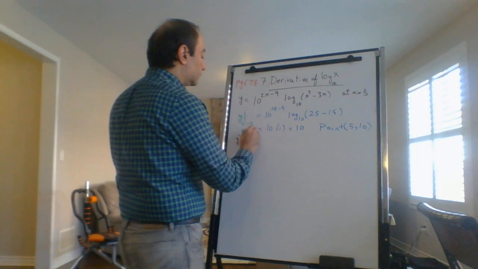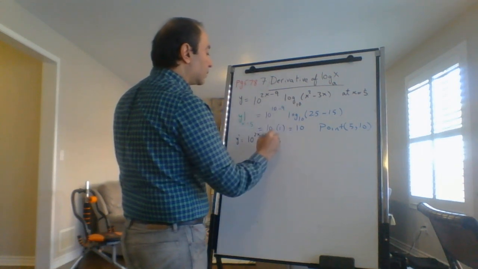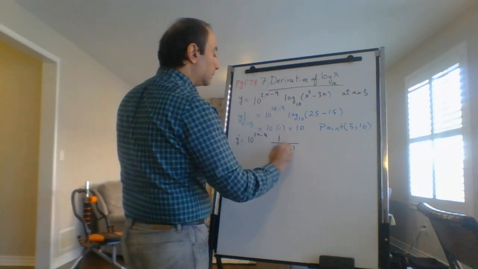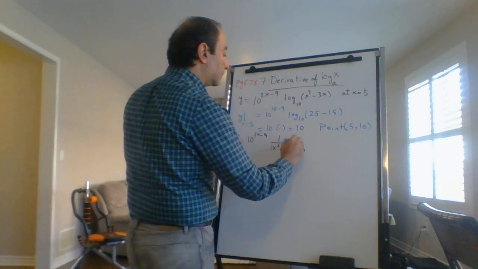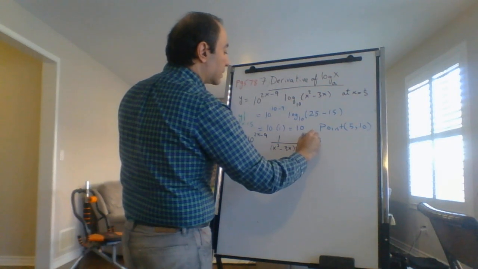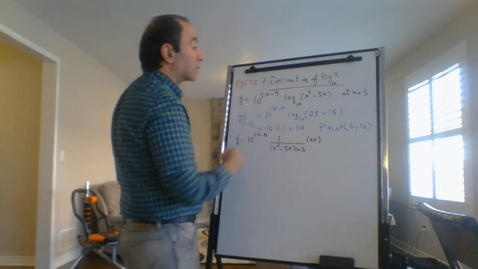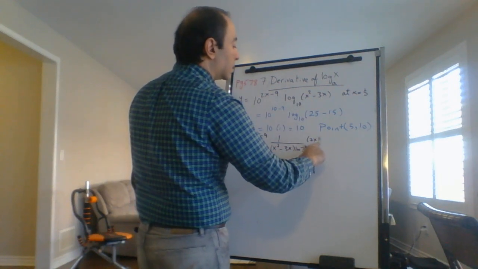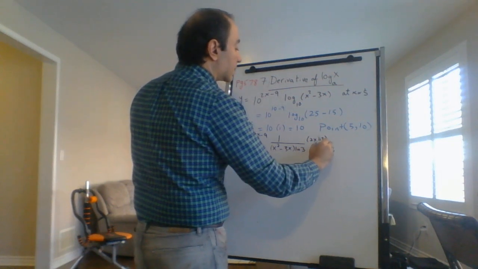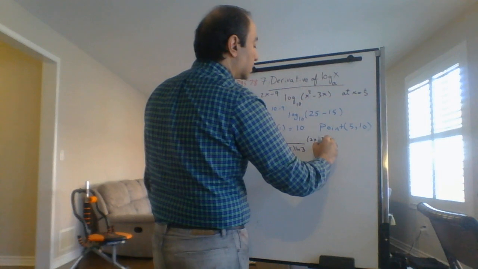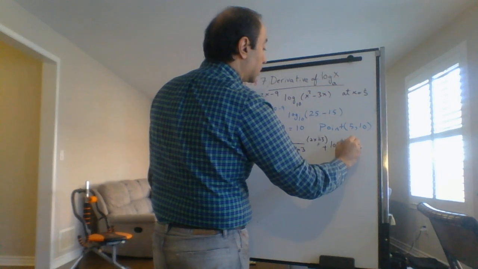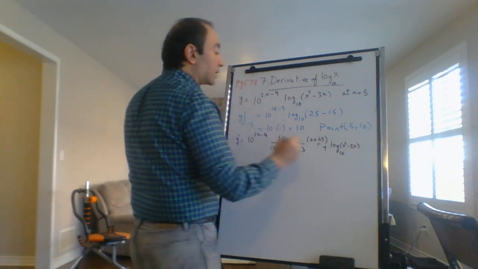First times derivative of the second, times the derivative of whatever inside, which is 2x minus 3, plus the second times the derivative of the first.